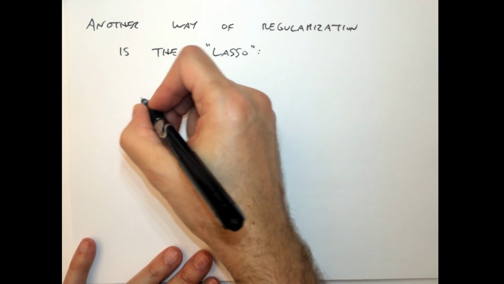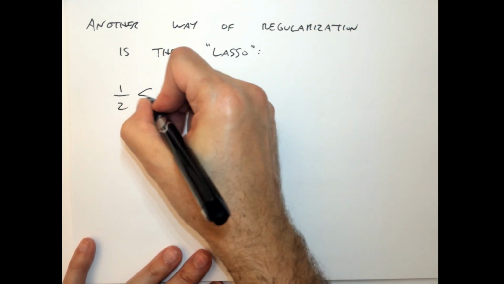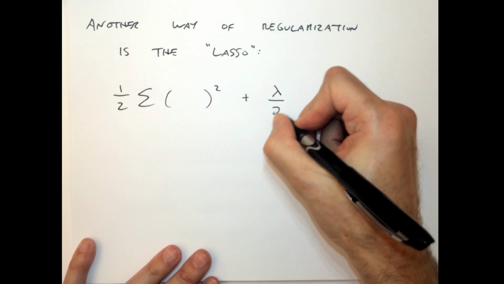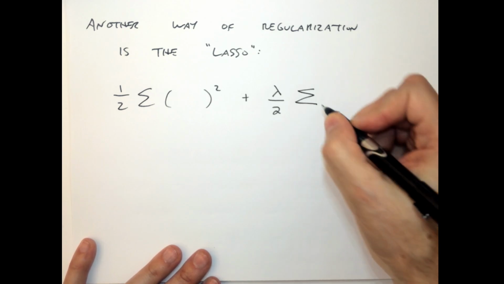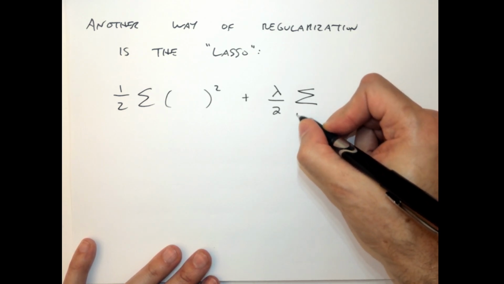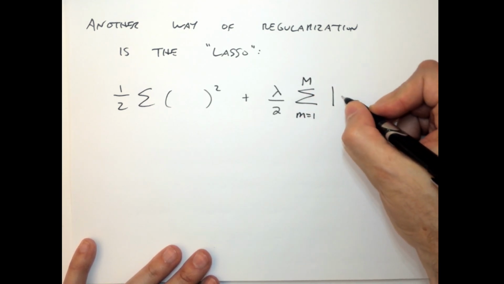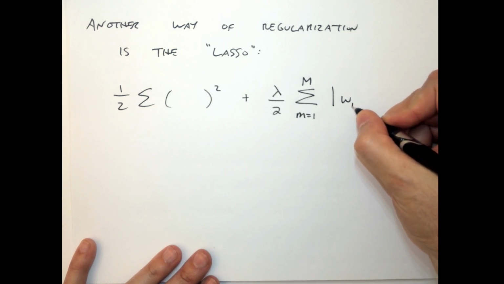And it's basically the same, 1/2 sum of squares, but instead I have a regularization parameter times basically the sum of the absolute values of W, right?